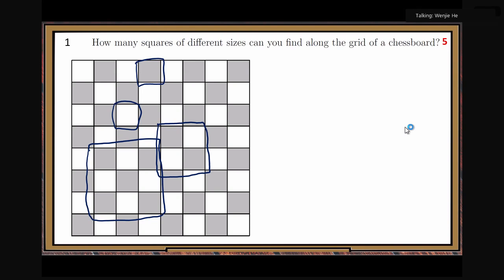We try to understand our data. Here, what is our data? We need to study our data. This chessboard gives you the data: all the square information, horizontal lines, vertical lines, the shape. That's our data.